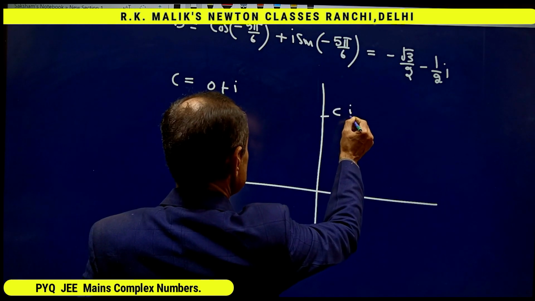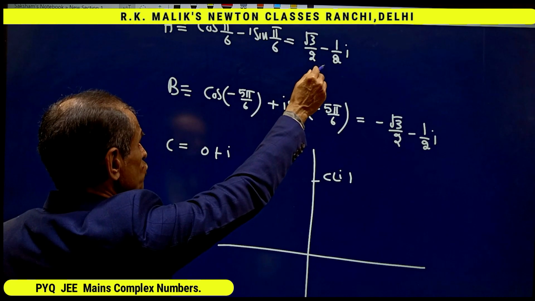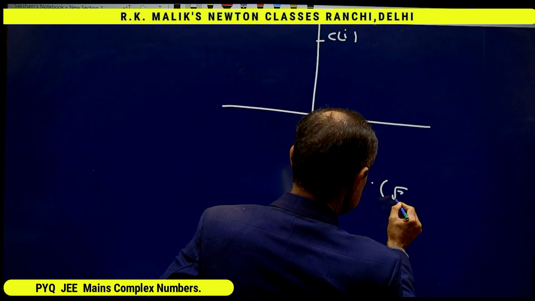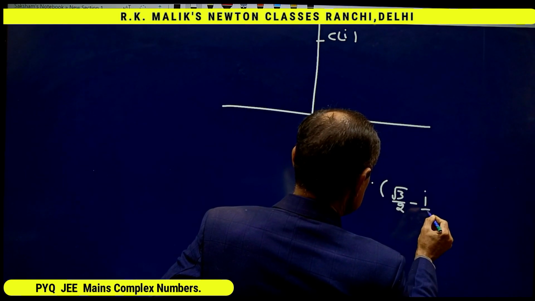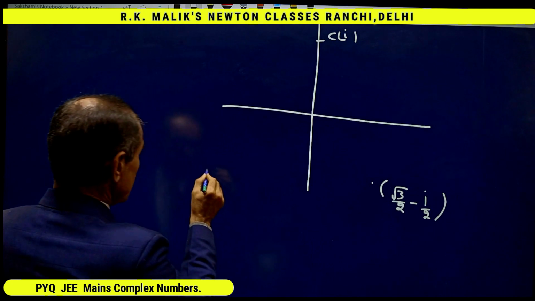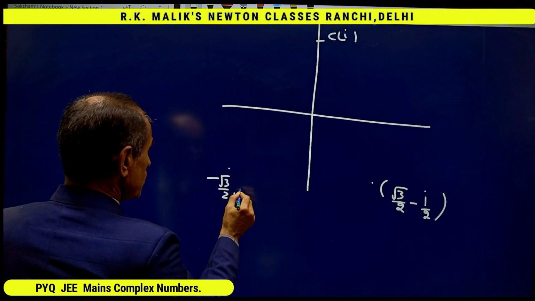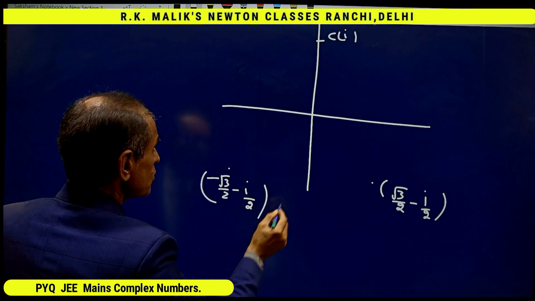C will be here, A will be root 3 by 2 comma minus 1 by 2, that is root 3 by 2 minus i by 2, and here B is minus root 3 by 2 comma minus i by 2.